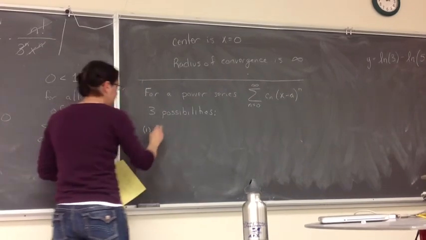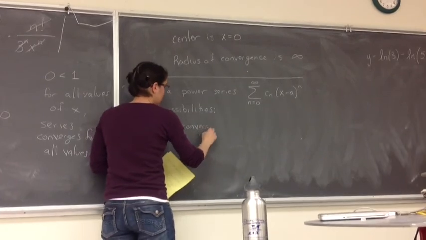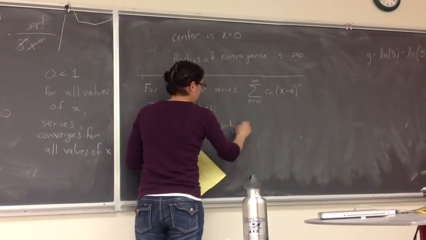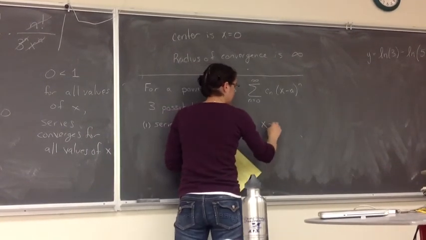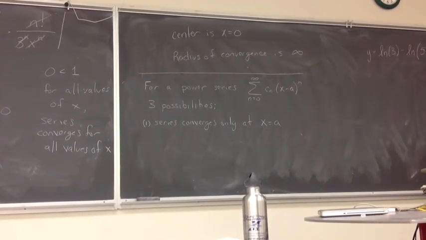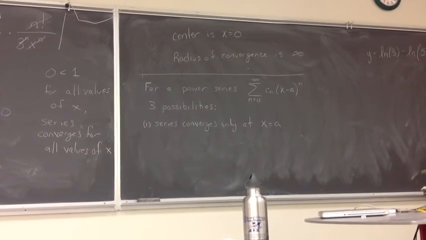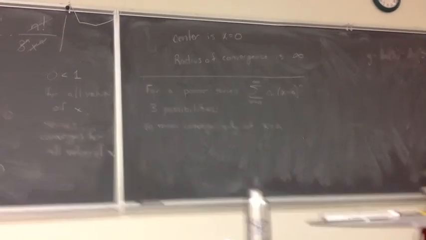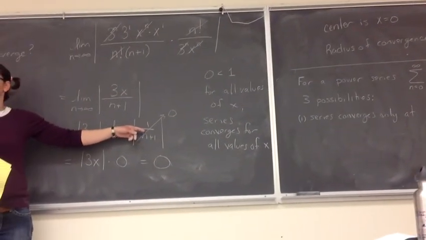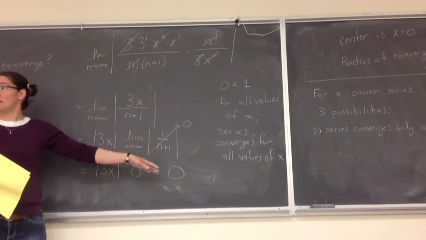The first one is that the series converges only at x equal to a. And that would happen if, for example, in this particular series, the limit as n goes to infinity went to infinity and there was no way that, no matter what x value you chose, you're ever going to have a value less than 1.